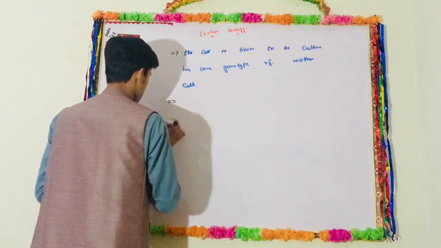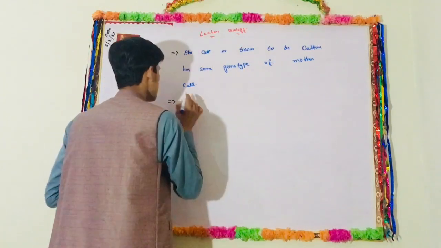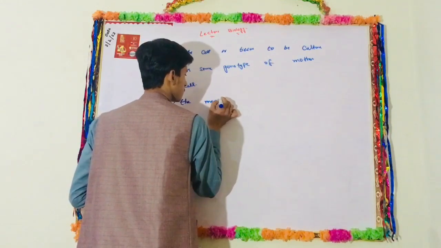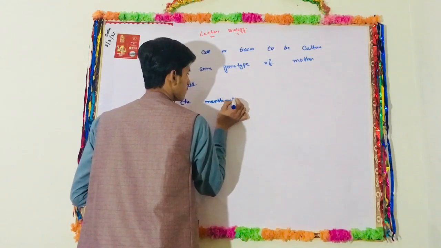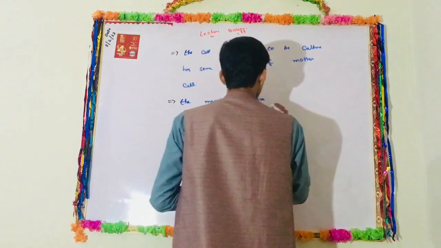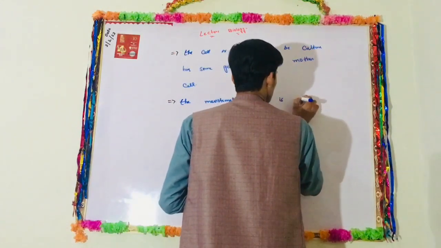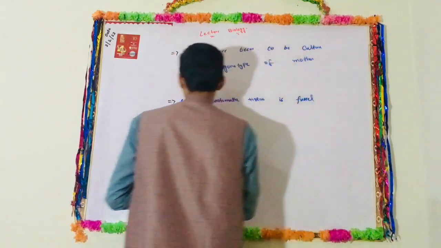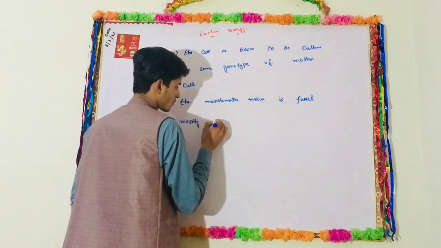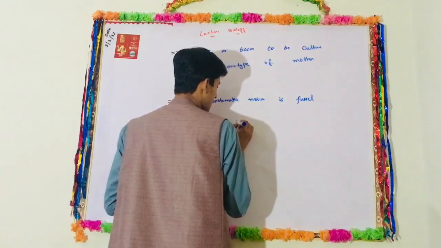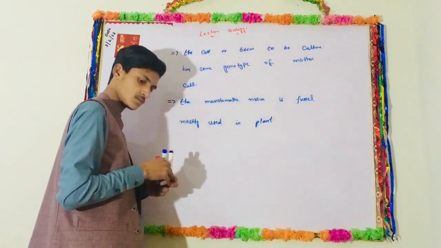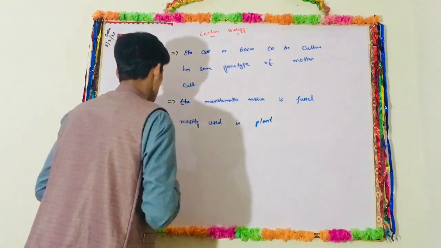The second one is the meristematic tissue. The meristematic tissue is mostly used in plants. Plant cells are totipotent.